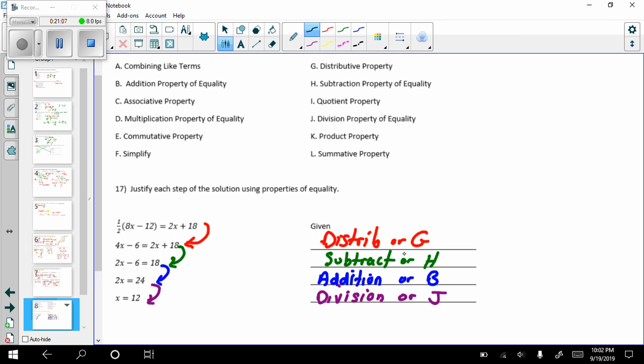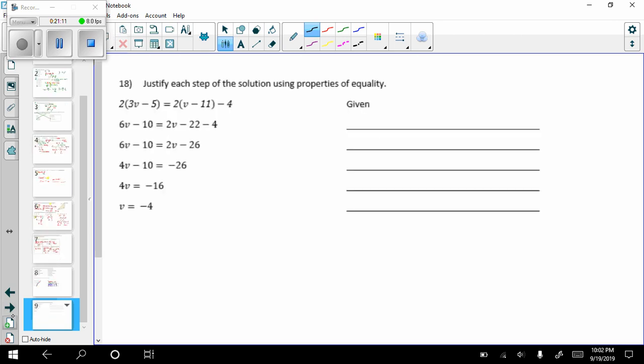Last problem. Come on, it's not moving. Okay. What happened between here and here? They distributed twice, distributive, and so that would have been G. That is the only thing that could have been there. What happened between here and here? Now it looks like they just combined like terms, or you could have said this is simplify.